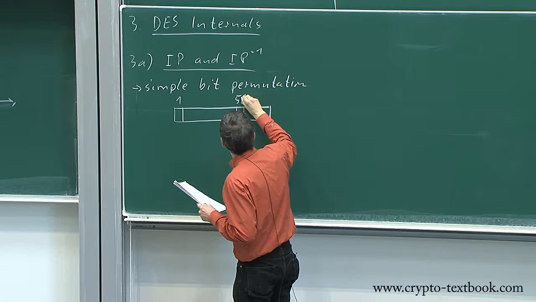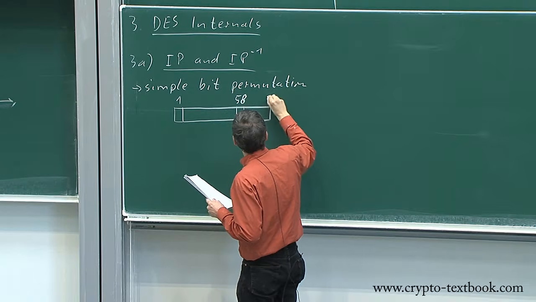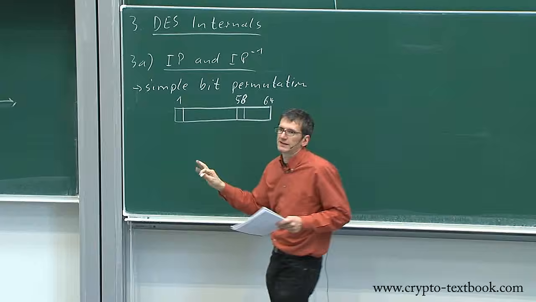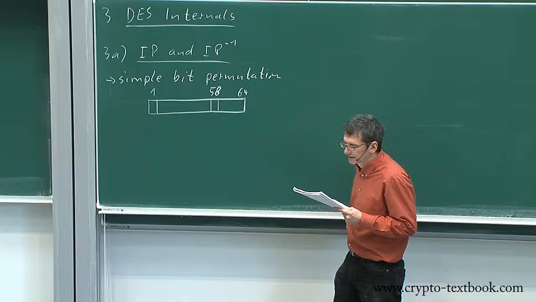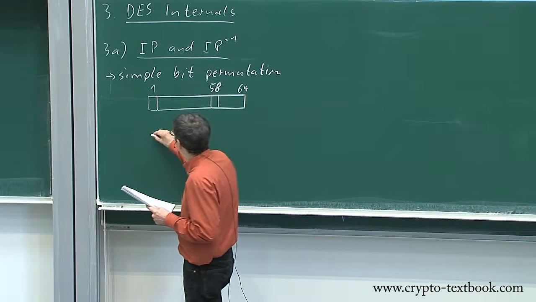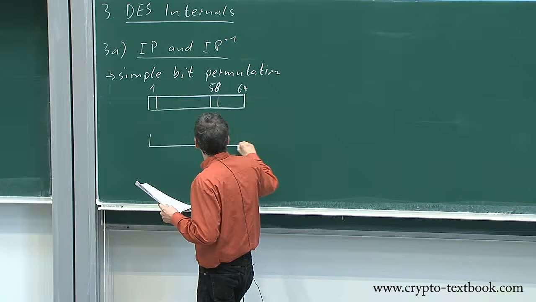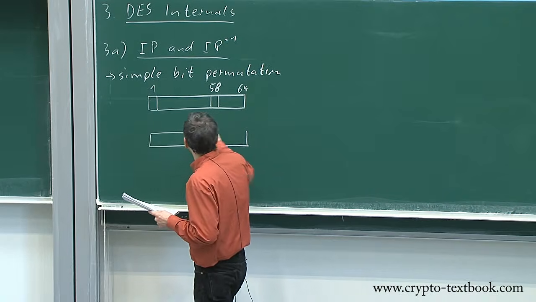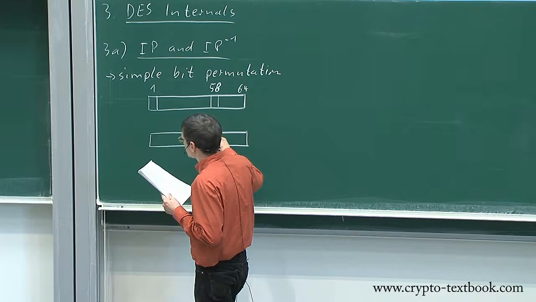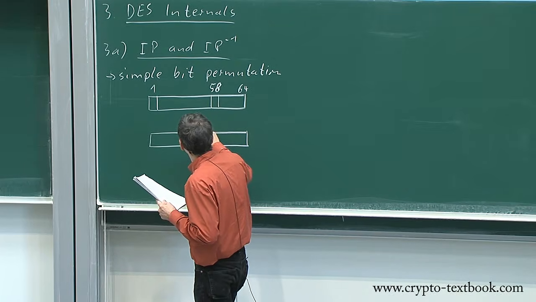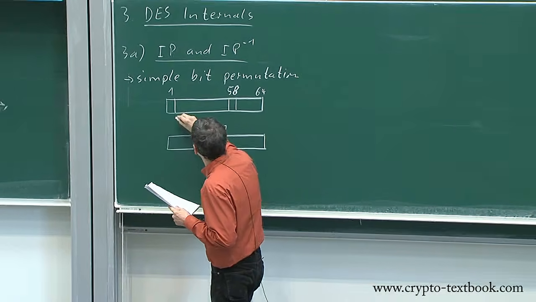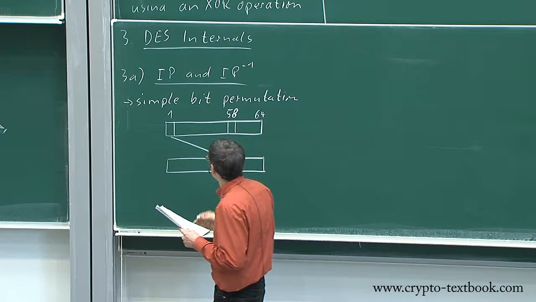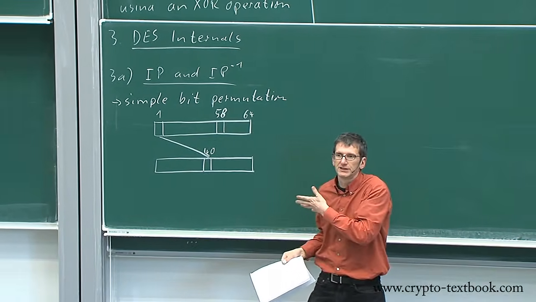I'm sorry, it's supposed to be an 8 here, and here we would have 64, but let's only look at those 2 bits as examples, okay? So what's happening here is that bit 1 is copied to bit position 40.